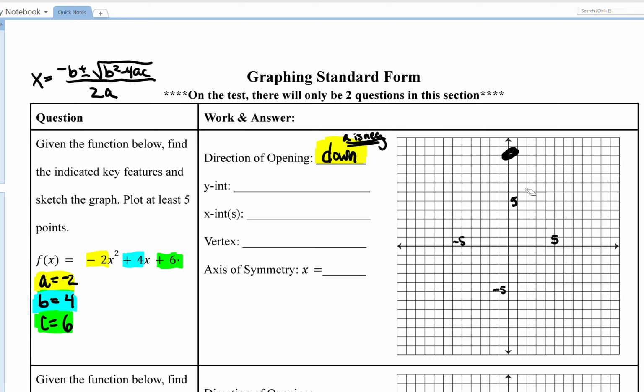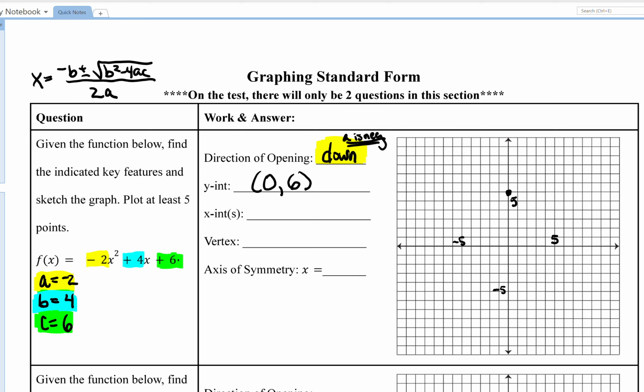So if I just put x equals 0 here and here, wherever there's a 0, those terms just go away, and you're left with f of x, or y, equals 6. So 0 for x and y equals 6. I'm going to go over here and graph, go up 1, 2, 3, 4, 5, and then to 6, and that's my y-intercept where this crosses the y-axis.